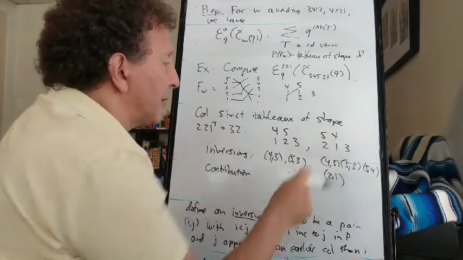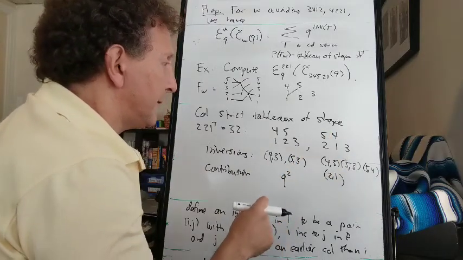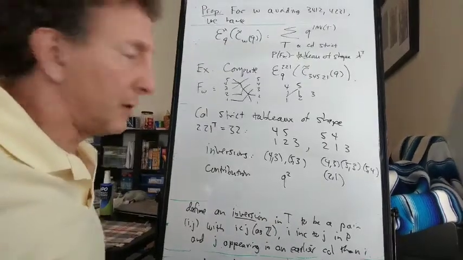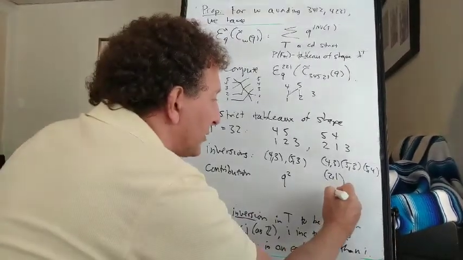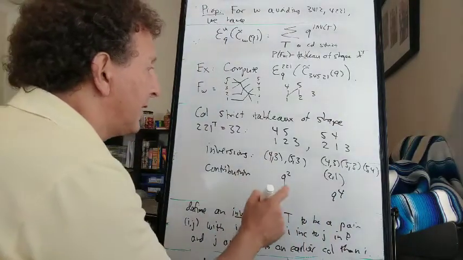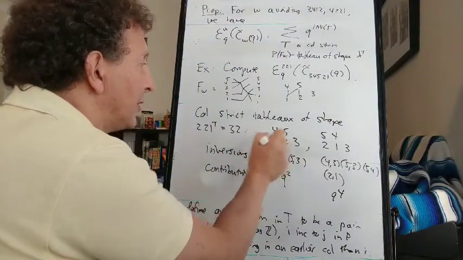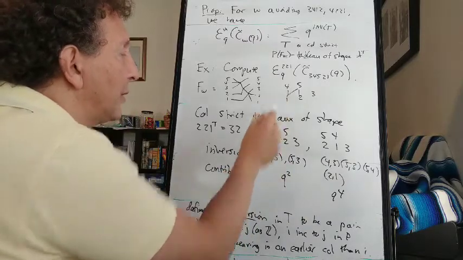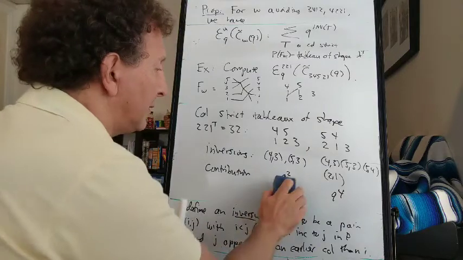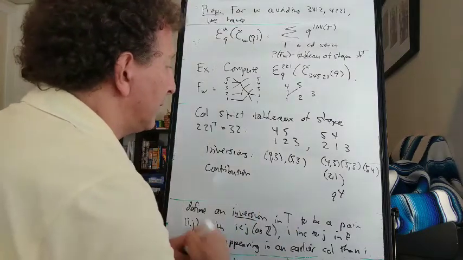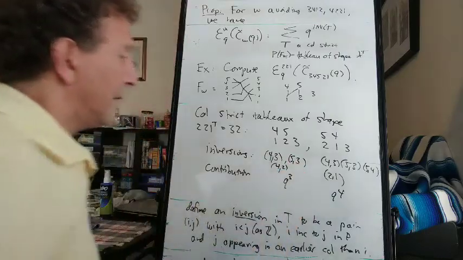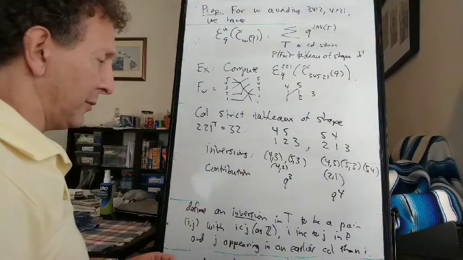Okay, 5 is bigger than 4. So we have a contribution of q to the 4th here. And I see that I missed one over here. We have 4 and 2. 4 and 2 are incomparable in the poset, and 4 is greater than 2 as an integer. So there's actually 3 inversions in this tableau.